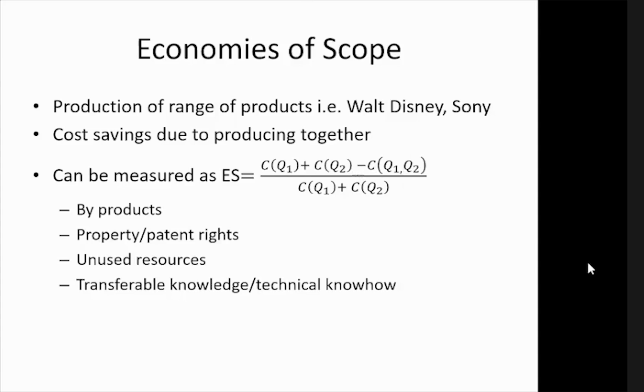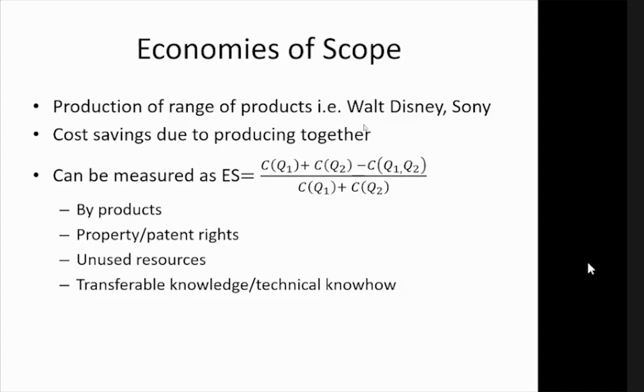Disney had spent a lot of money for getting their characters popular in the society. But the same cost can be applied for producing the garments or the clothes using Disney characters. So therefore, there will be a common cost. So the two costs together minus the common cost, we will be getting the real cost for the firm. So we can just show that as a share of the total cost.